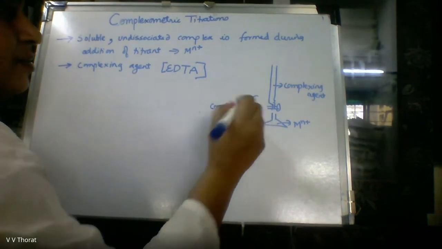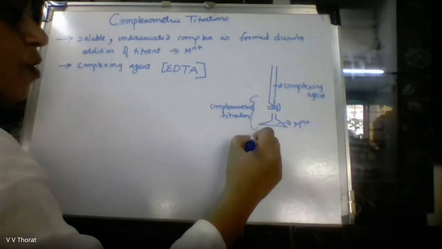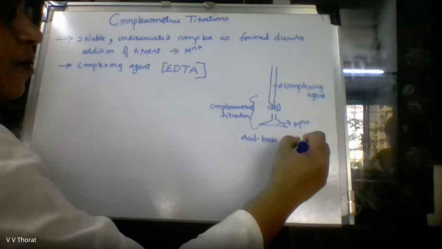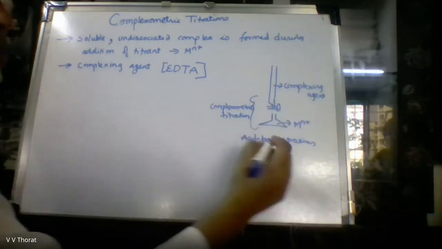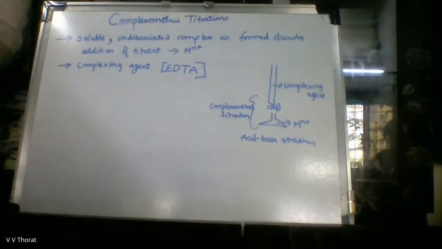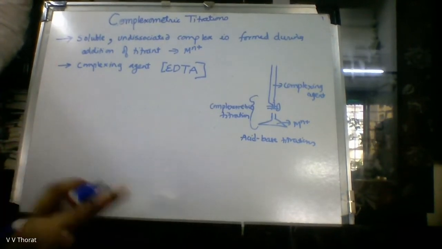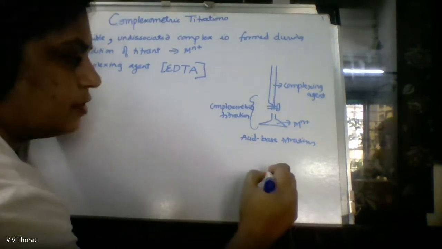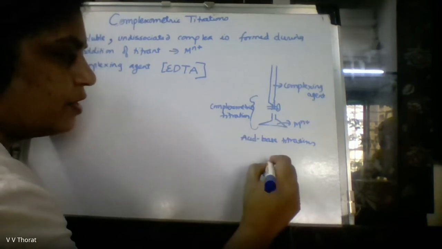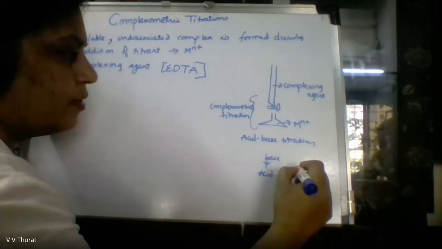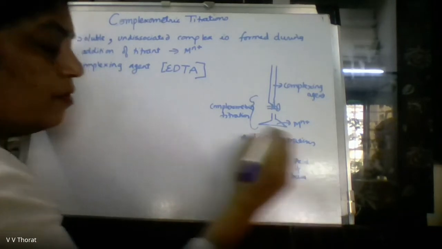In our last class, we studied what are acid-base titrations: titration of an acid against a base and titration of a base against an acid. If you want to determine an acid, titrate it with a base; if you want to estimate a base, you can titrate it against an acid.